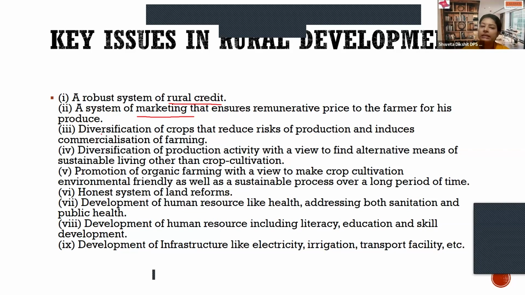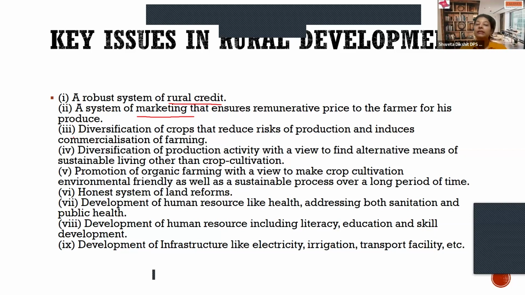They still depend on agriculture which is known as subsistence farming. Subsistence farming is a kind of farming where they are growing the crops only for their own use. That means if they have a family of four, they are growing sufficient crop to fulfill the needs of the family of four. That's it. That's what is known as subsistence farming. I hope you understand, because this can be a one marker.